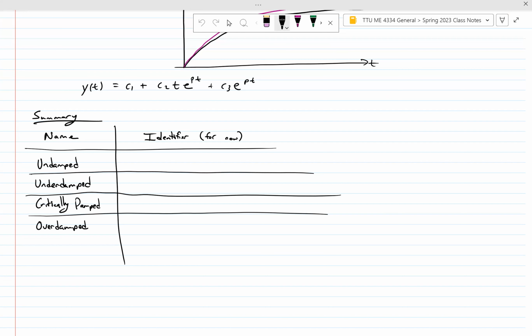Critically damped was repeated. That's probably the easy one to go with since we just covered it. So we have repeated real negative poles for G of s.